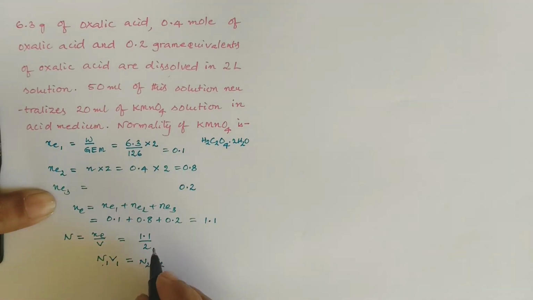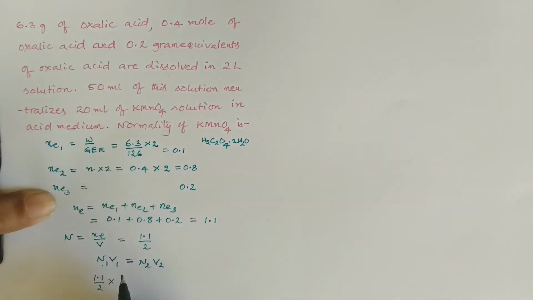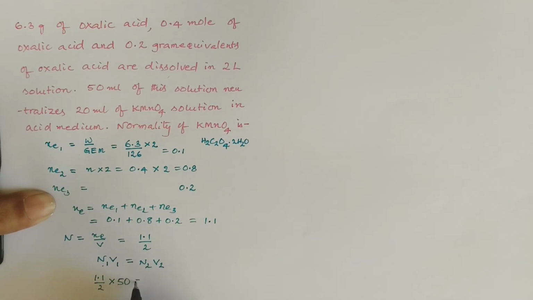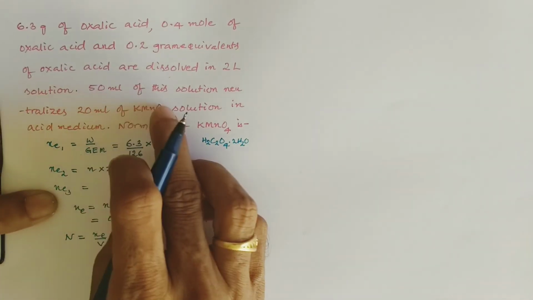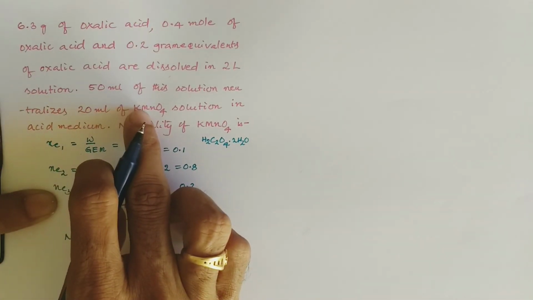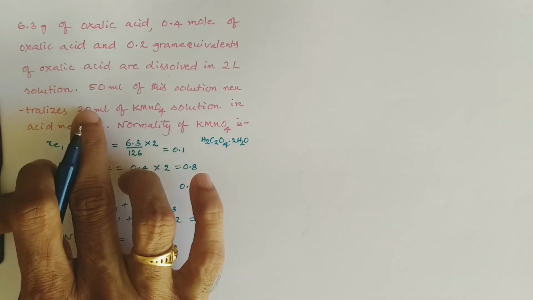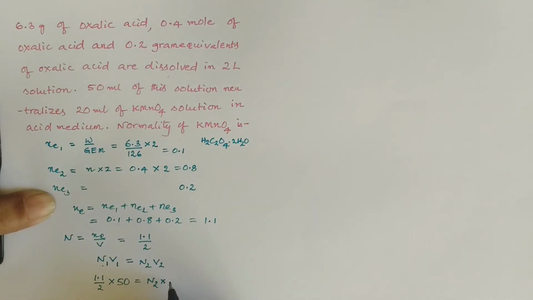N1 is what? 1.1 divided by 2, into volume. How much volume is used? 50 milliliters, and that is equal to the normality of the second solution, that is potassium permanganate, and the volume is 20 milliliters, right? 50 milliliters of oxalic acid is neutralizing 20 milliliters of potassium permanganate.